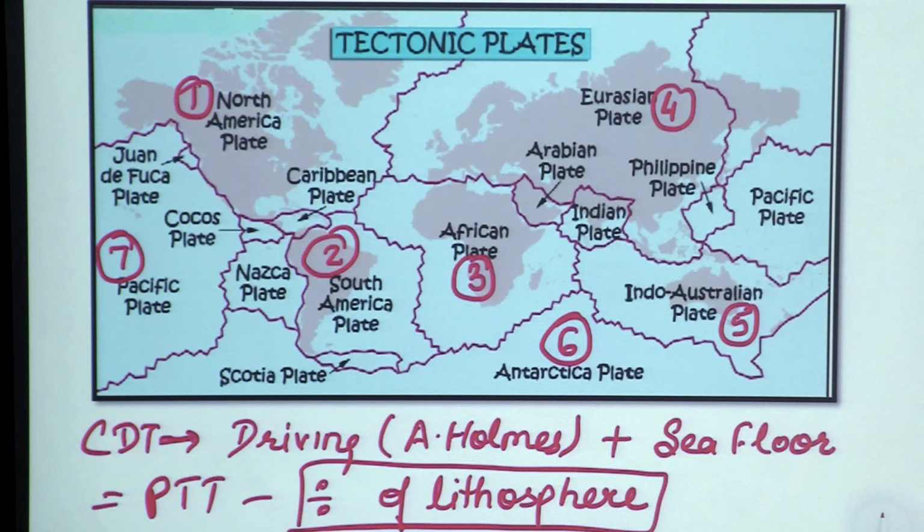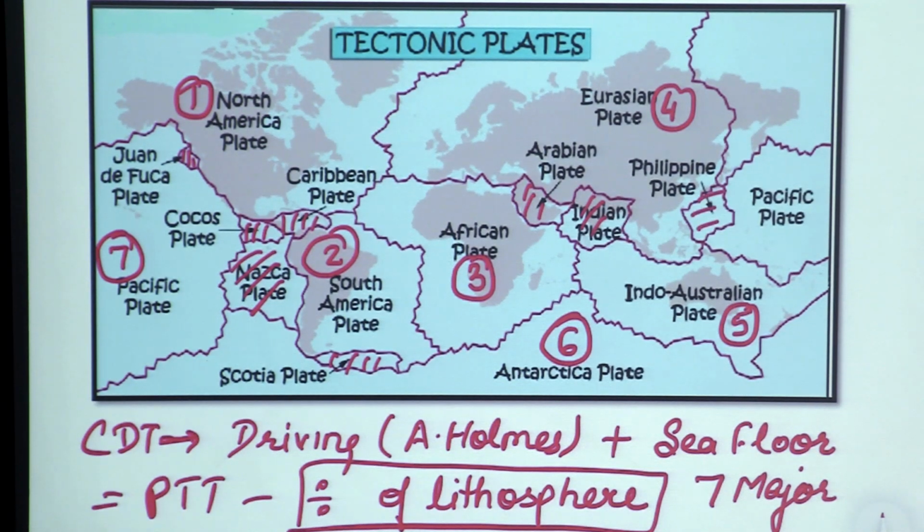Barring the exception of these 7 major plates, so 7 are major. You must be noticing this map looks different because I am not highlighting the shoreline, I am highlighting the boundaries of the plates. All the other names, I am lightly shading them: Juan de Fuca, Cocos plate, Caribbean plate, Nazca plate, Scotia plate, Arabian plate, Indian plate, Philippines plate.